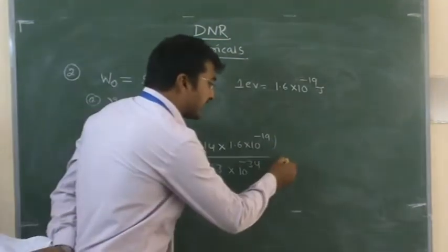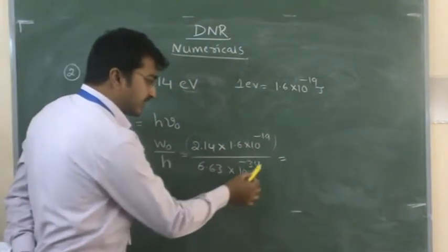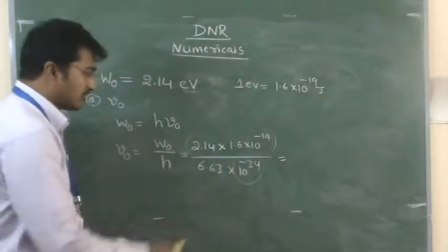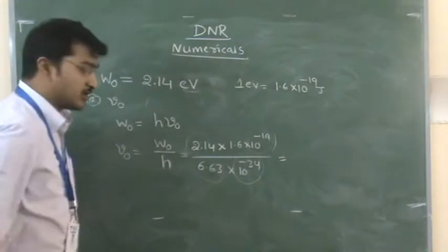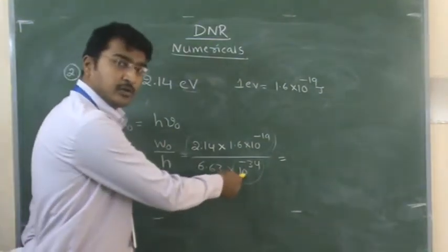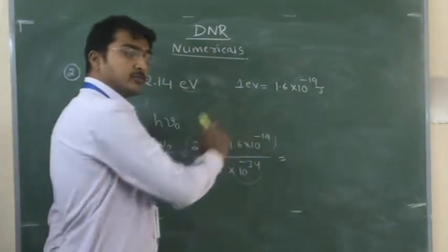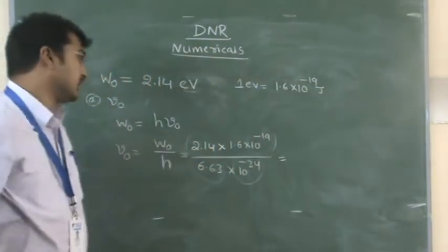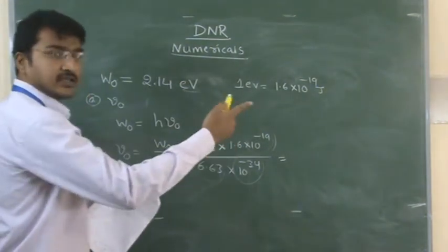Now by calculating these two, see here 10 to the power of minus 19, 10 to the power of minus 34. First you calculate these values. The denominator value 10 to the power of minus 34 goes to numerator, it becomes plus 34. So finally you will get the frequency in hertz, that is SI unit.